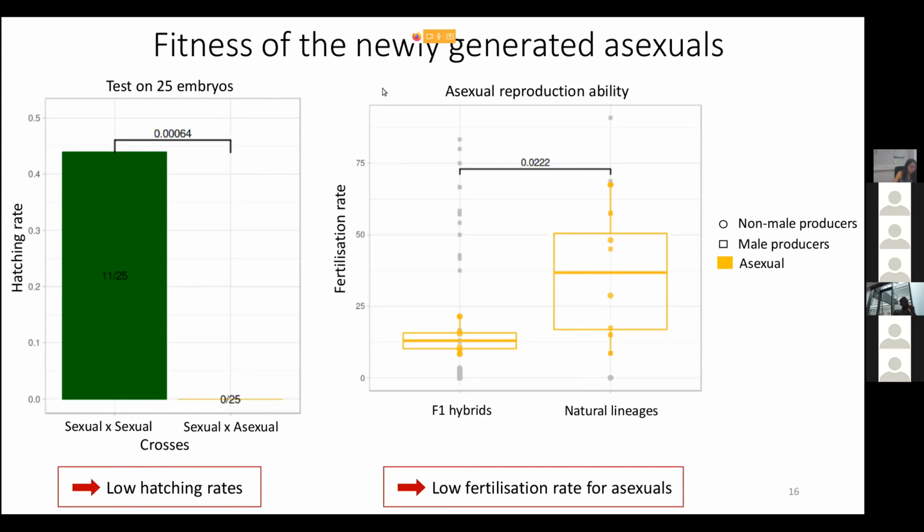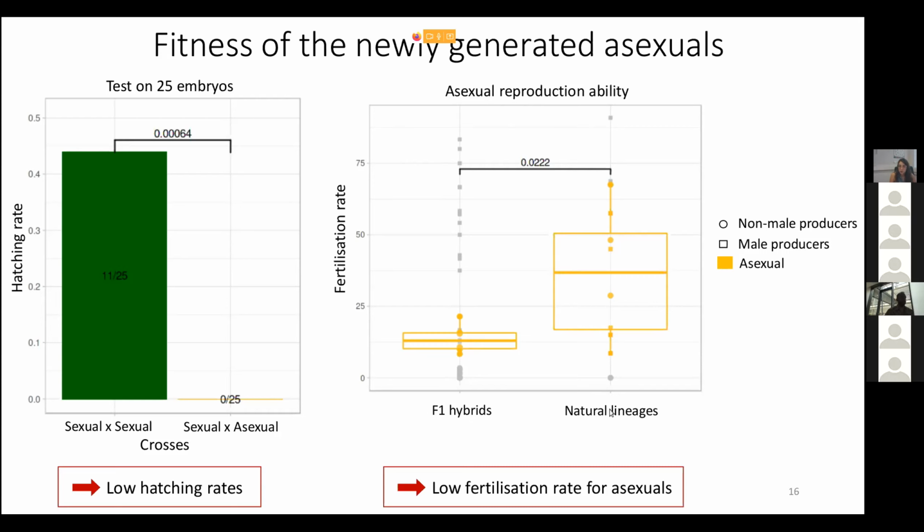And second, the contagious asexuality led to a strongly reduced fertility rate in hybrids compared to natural populations. On this figure, you have the fertilization rate, which is the number of embryos we find when we open the epipia. The gray plus the yellow points show the distribution of this fertilization rate in all F1 hybrids across all sex-asex crosses and in all natural lineages we have.